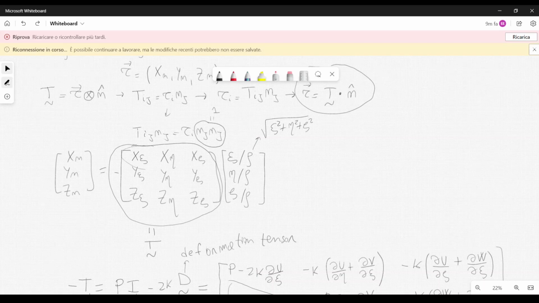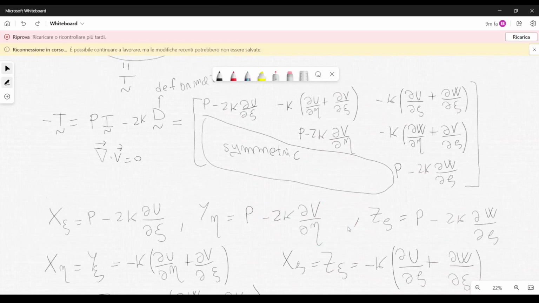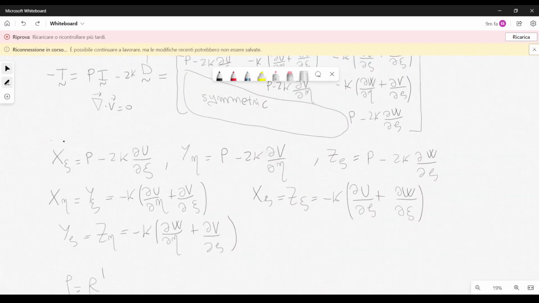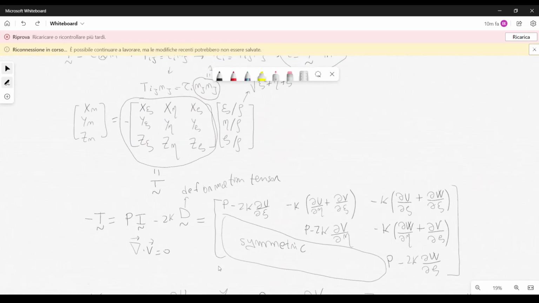And if we get these three components, which can be obtained from these relations that you find here, they can be calculated because we have found u, v, and w, right? So we just have to calculate these derivatives and then substitute these expressions.